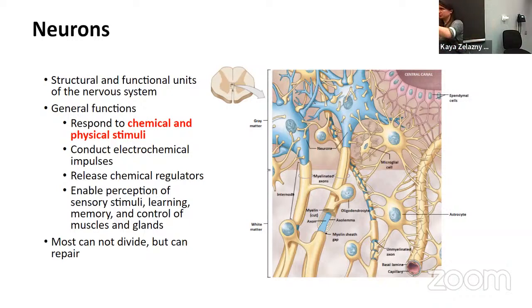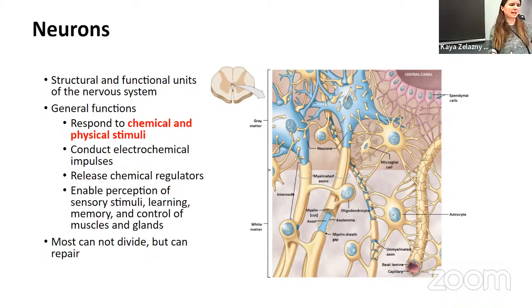There are some receptors that literally respond to something getting stretched, right? So that's the kind of thing we might mean by a physical stimulus. So far, we're thinking about chemical stimuli because we've been thinking about neurotransmitters. The neuron is going to conduct an electrochemical impulse down that axon, release our chemical regulators, aka our neurotransmitters, and ultimately enable our perception.